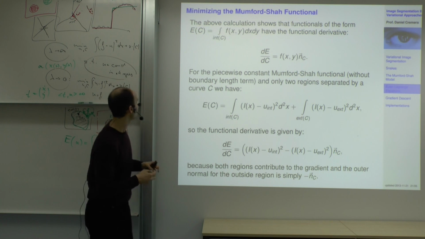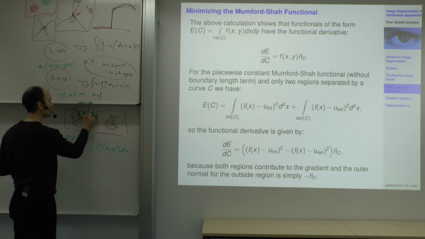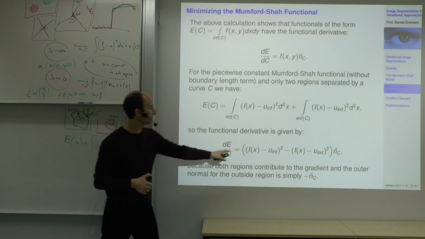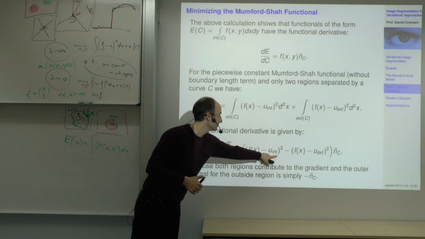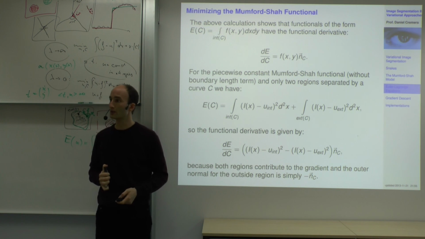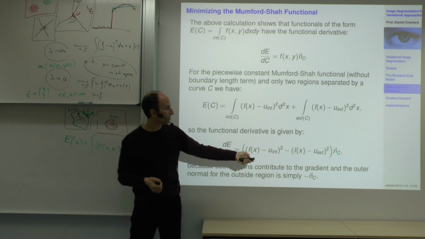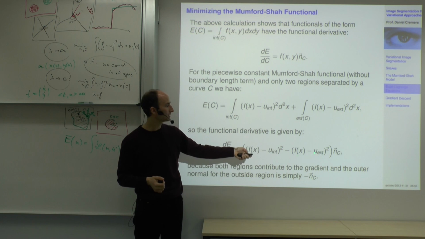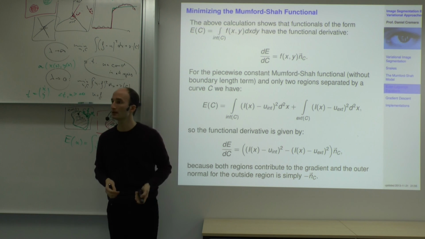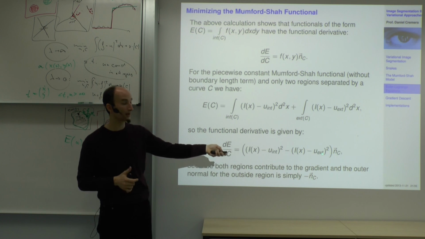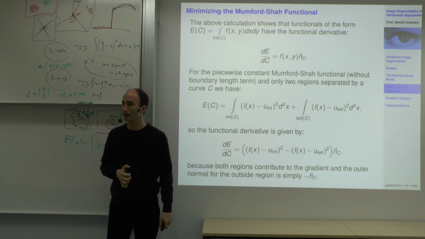And so in other words, if you perturb the boundary towards the outside, the interior region gains the point x, and so the integrand I minus U interior squared is added, and once you move it outward, what you lose in terms of cost is the exterior region gives it away, so that contributes minus I minus U exterior squared to your energy.